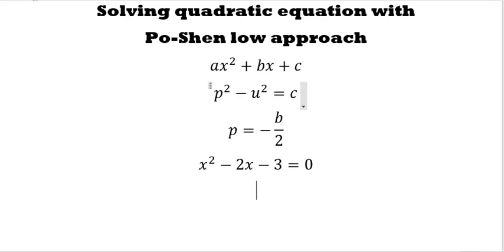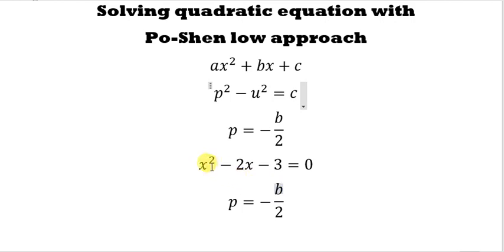Now the next thing we do is to find p. According to the definition of p, which is the negative of the value of b over 2, to get p we will have to substitute b into this setup, the setup that we have here.